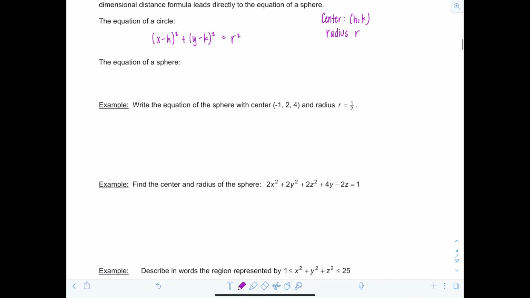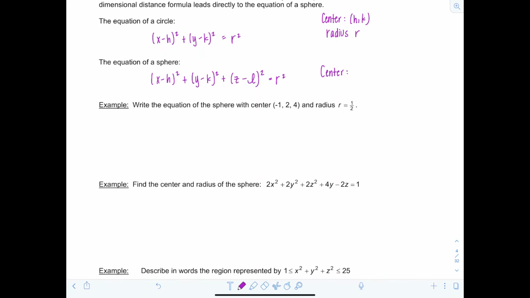Similarly, the equation of a sphere is given by (x − h)² + (y − k)² + (z − l)² = r².